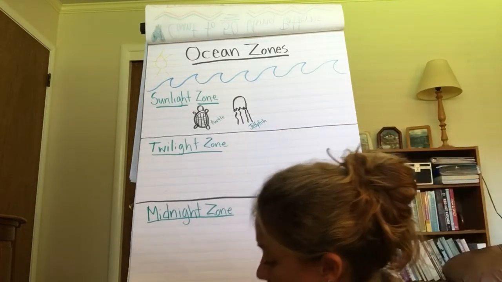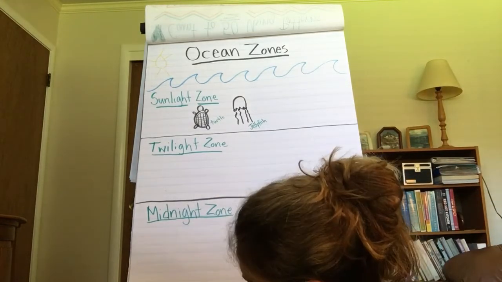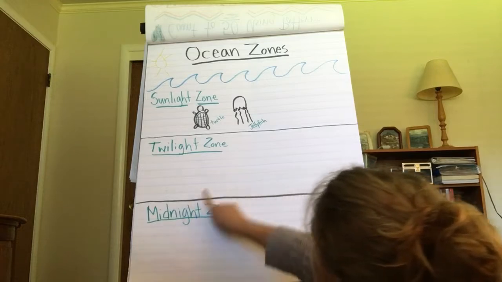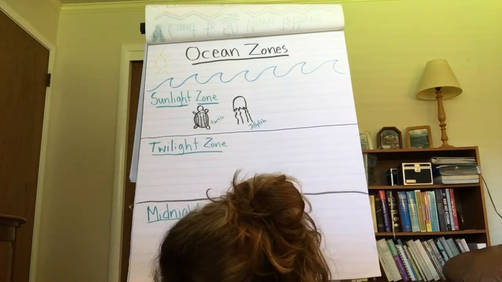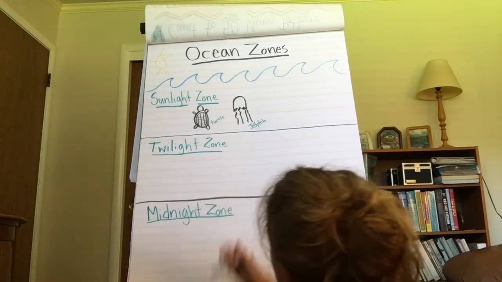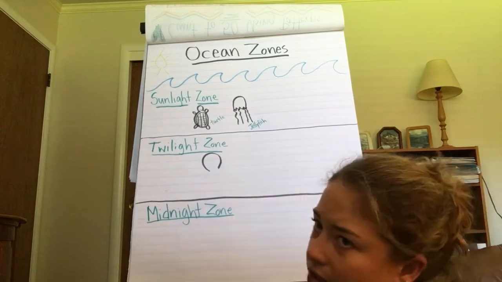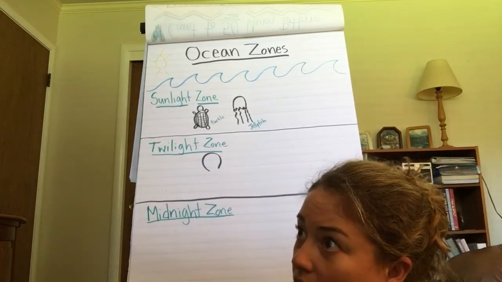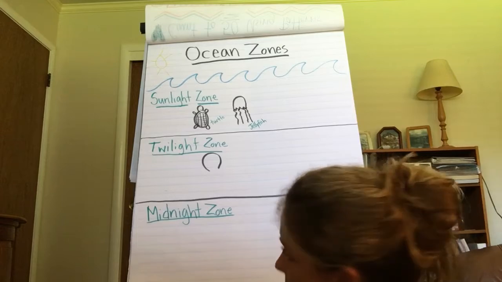Okay, next zone is the twilight zone, okay? So an example of animals that live in the twilight zone, a good one is an octopus. The round head. How many legs does an octopus have? Has 8, right? Octo means 8, so 8 legs.